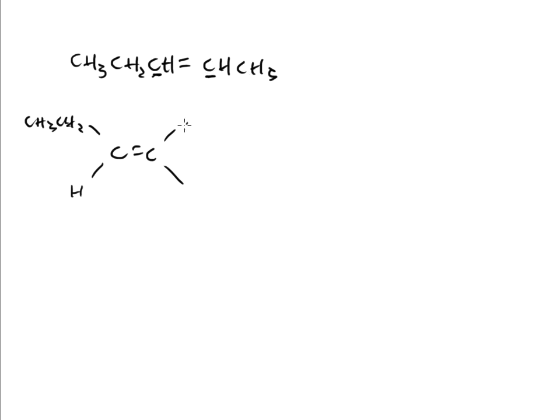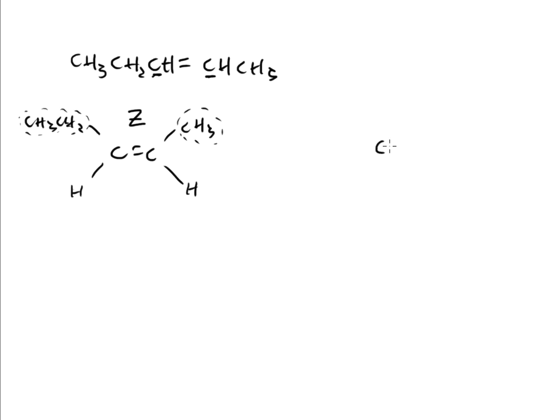So that carbon has a methyl group on it, and that carbon also has a hydrogen on it. There we go. Well, what did I just draw? I have to do both. So this is a higher priority group. Carbon beats hydrogen. This is a high priority group. Carbon beats hydrogen. Therefore, the groups are on the same side, and there is the Z form of that molecule.